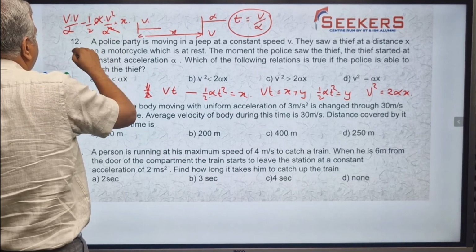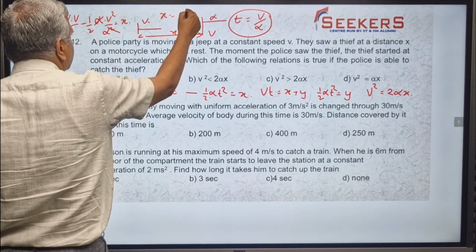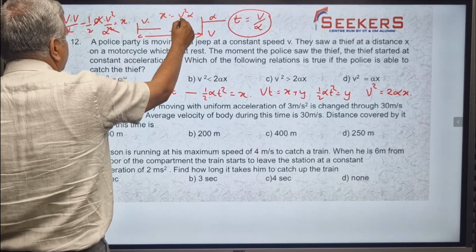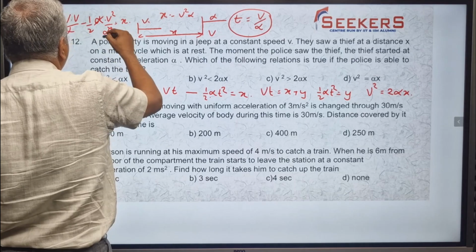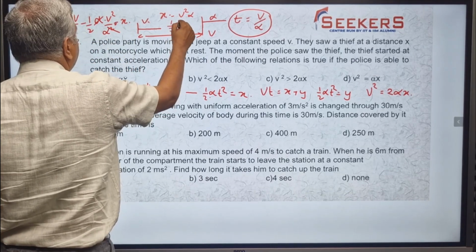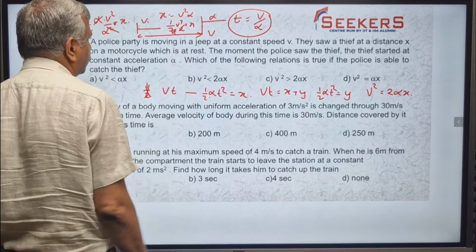So one alpha gets cancelled. So from there, half of v squared by alpha is equal to x. So yeah, from there we'll get it.